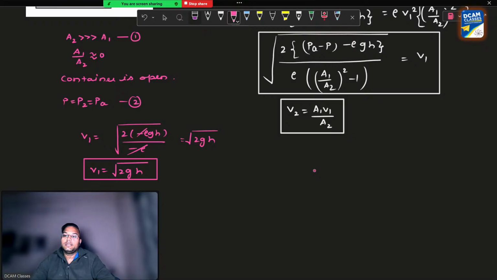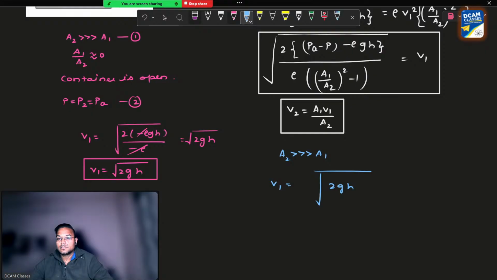And when we use only this approximation, that A2 is very much greater than A1, in that case the value of V1 is equal to root over 2GH minus 2GH plus 2 into P minus PA divided by rho.